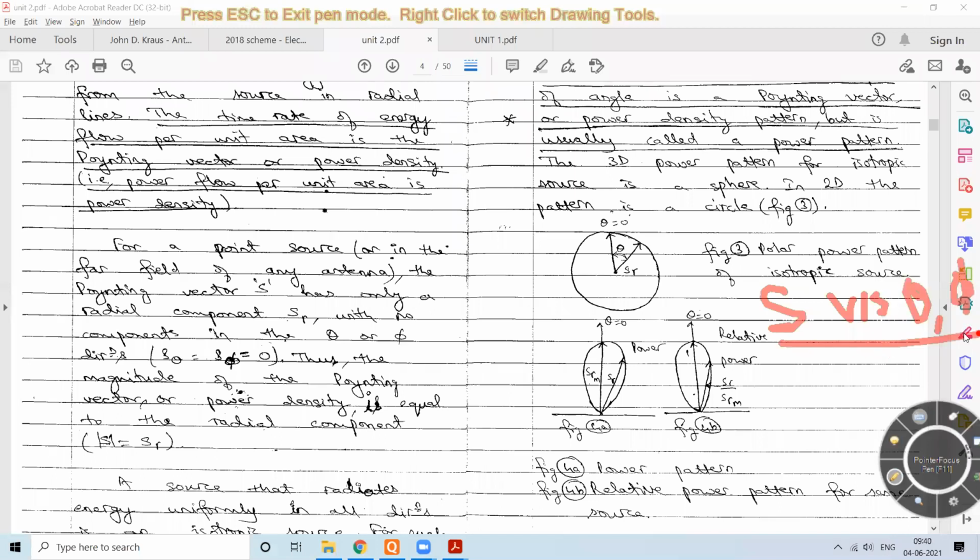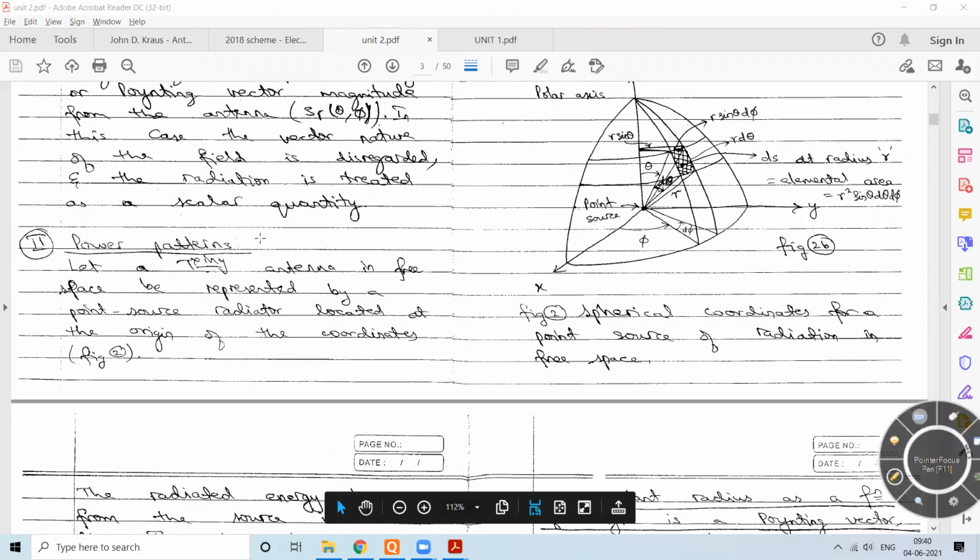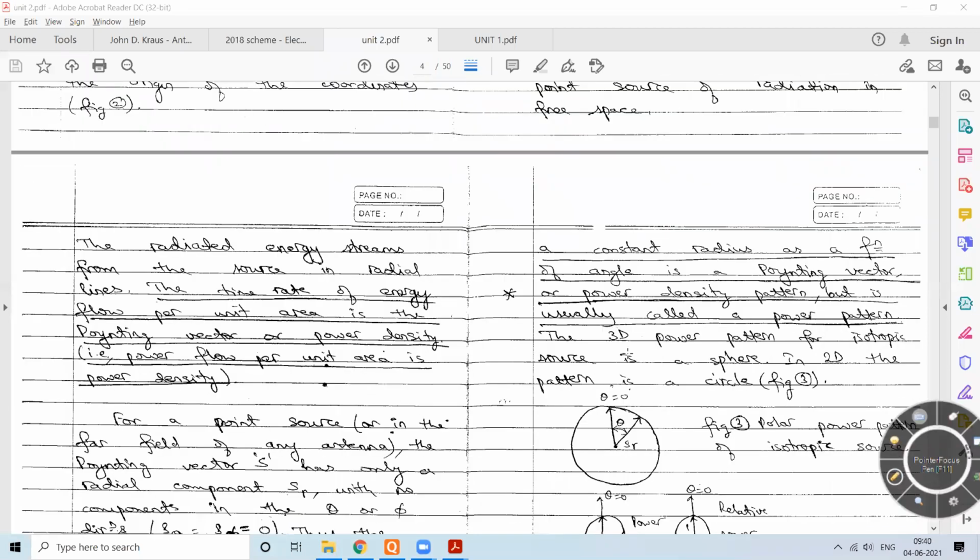When do I call this plot the absolute power pattern, the relative power pattern, or the normalized power pattern? Remember, in the power pattern we are plotting the power density versus theta or phi components, which gives me the power pattern.